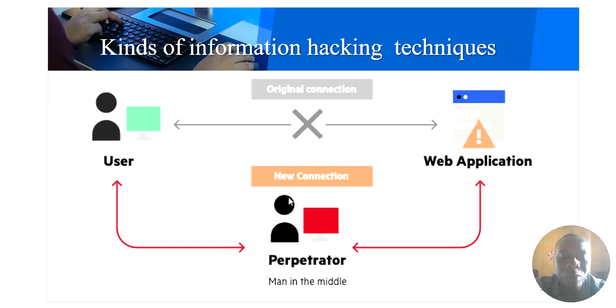You will type google.com, and I am going to feed you with the google.com, meaning you will not be getting an original connection with the site, but I will feed you with the Google or the required access or the request that you want. So that one is called the man in the middle attack.